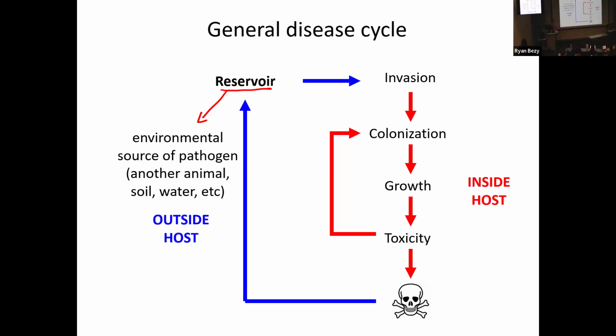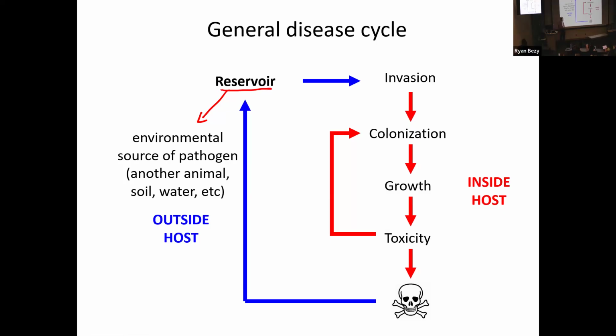Typically, at some point, the host contacts that reservoir. The pathogen is then going to pass from the reservoir into a host. It's going to invade or infect the host. It's going to penetrate into the host, and then it's going to colonize the host. As it colonizes the host, that's persistence and growth within the host. As the pathogen grows up inside the host, though, it's going to cause damage or toxicity to the host.